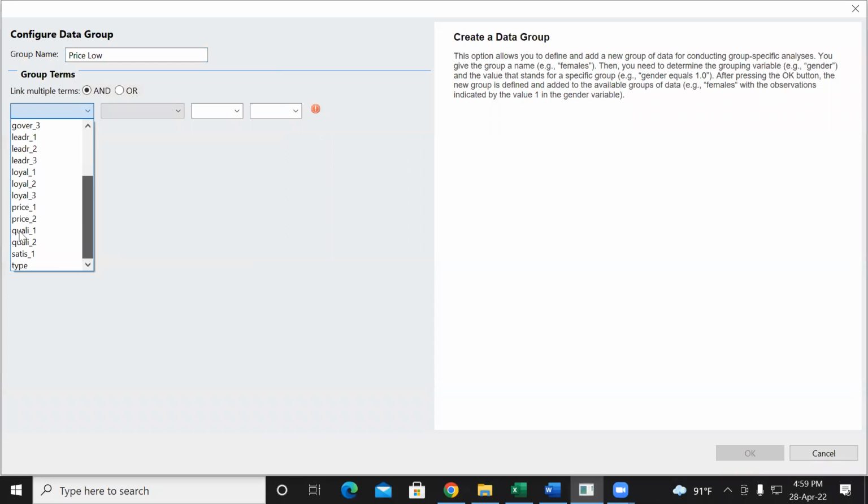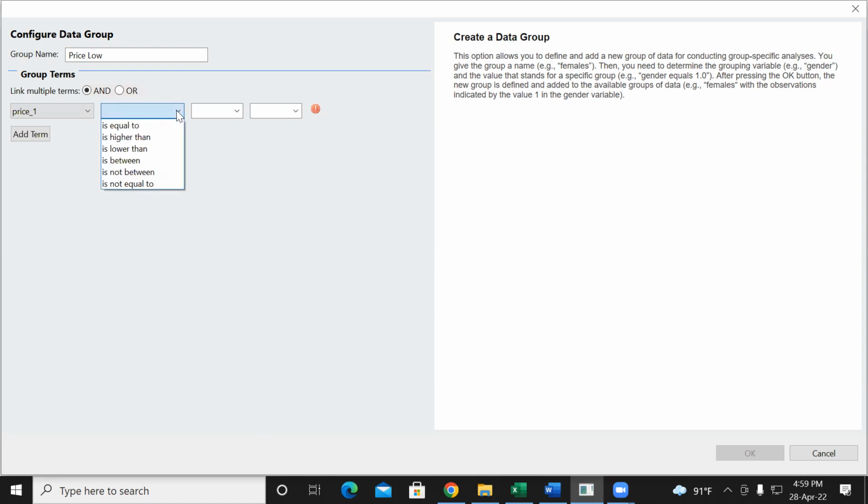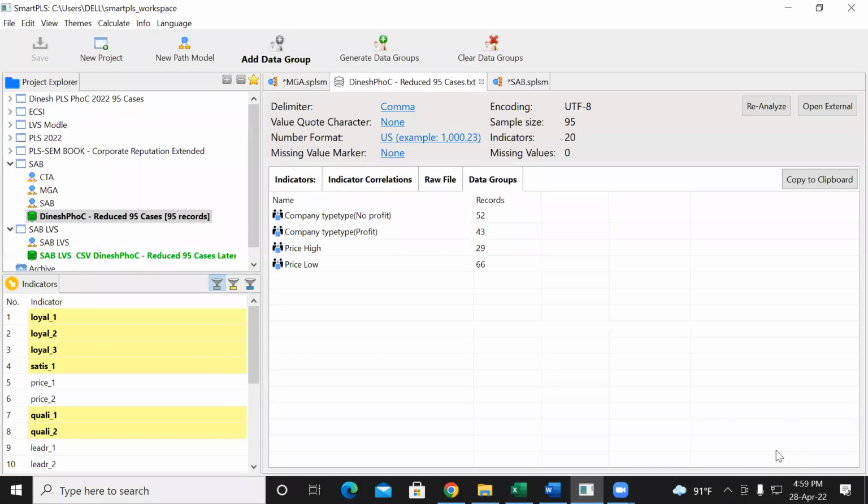From that, I create another group. Price low, no? Let's say lower than 3 or 4, right? Lower than 4. This is just for example. You can see I have added some groups and also generated from existing groups also. So many groups you can create, right? This is the first task.